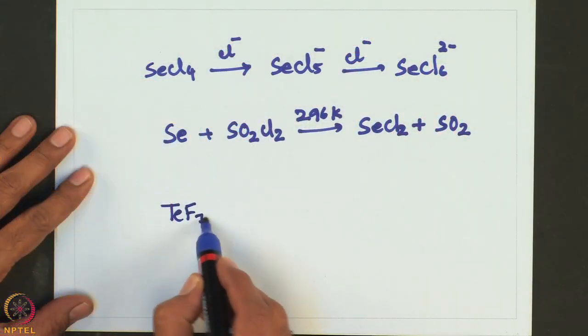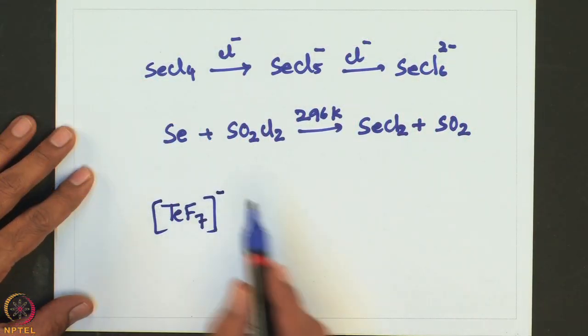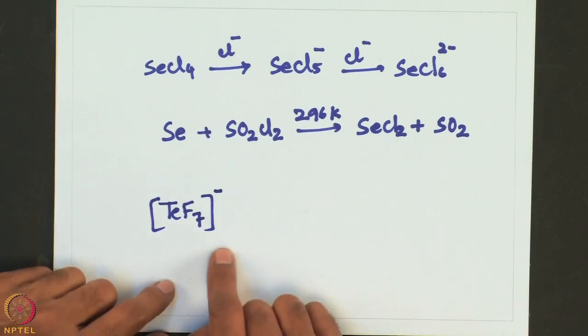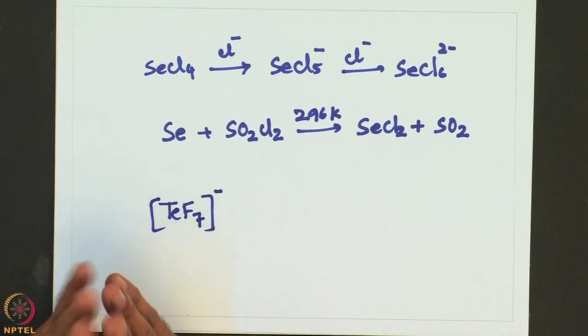Tellurium heptafluoride ion has a pentagonal bipyramidal structure in the solid state. However, equatorial F atoms deviate slightly from the mean equatorial plane.